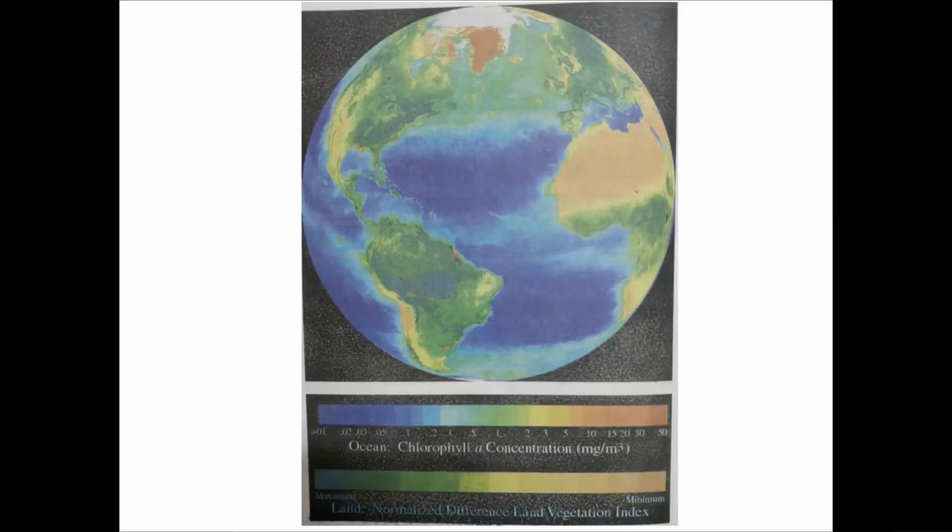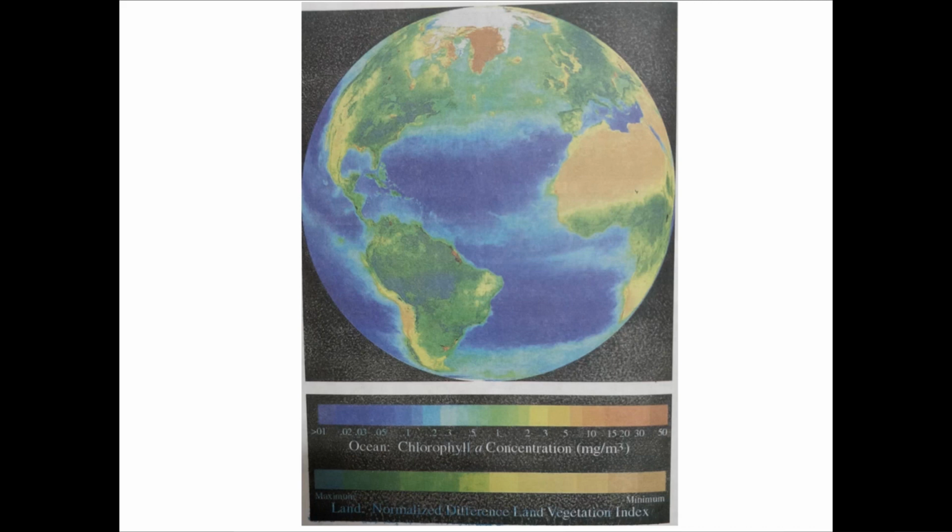Another one here, you can see the figure. It shows the ocean chlorophyll concentration. You can see dark blue is very less, and higher ones are higher chlorophyll content, and also the normalized differential vegetation index, whether the land cover is vegetation or not, that also can be observed from this image.